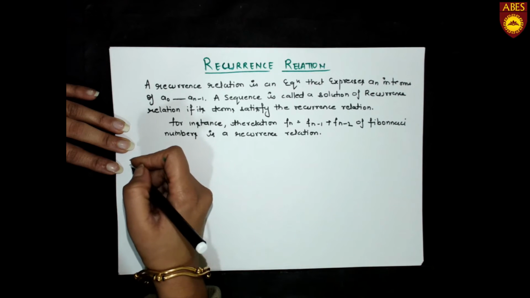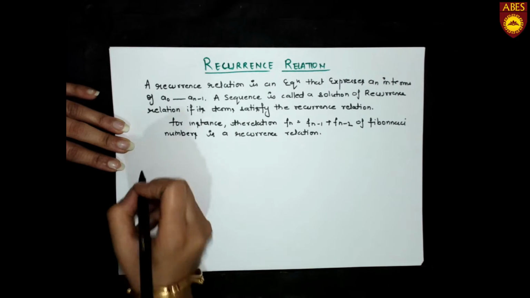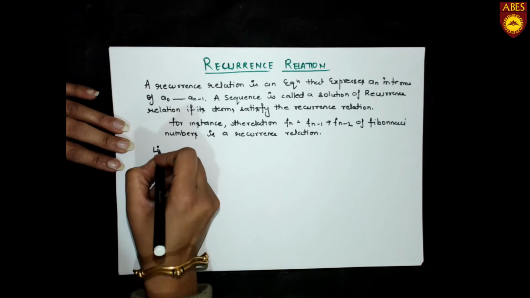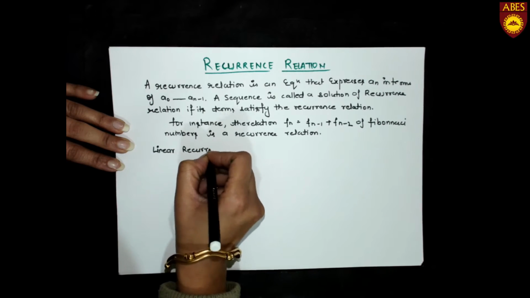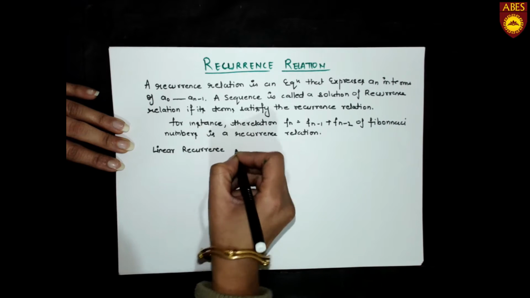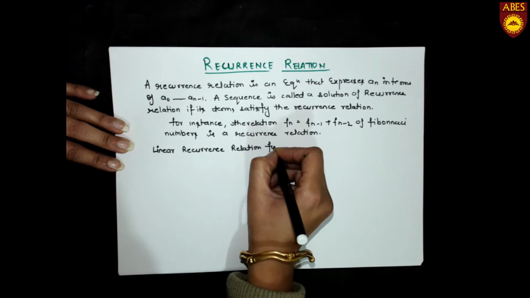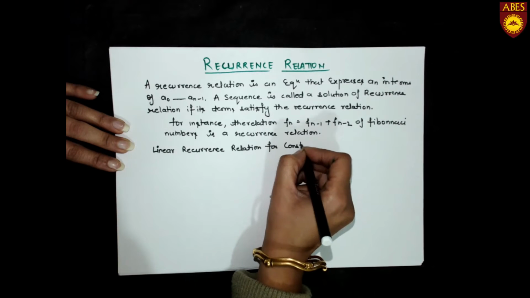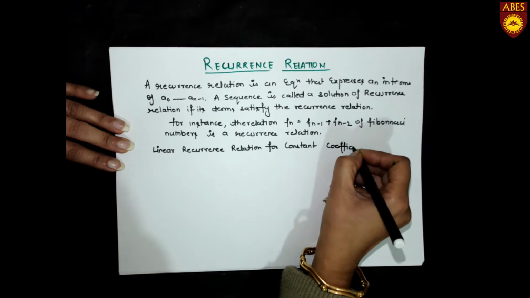Now, a recurrence relation can be homogeneous or non-homogeneous. First of all, we'll talk about linear recurrence relation with constant coefficient.